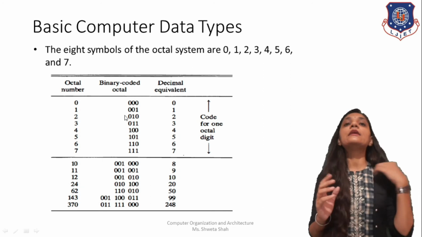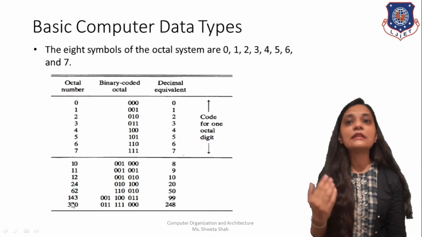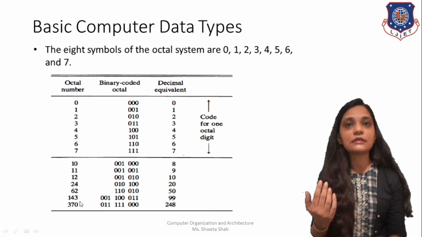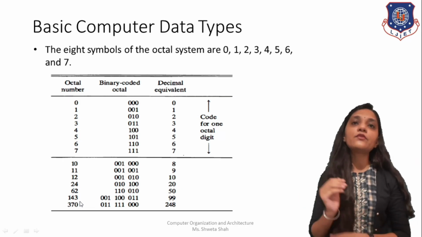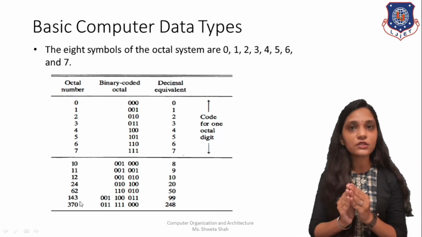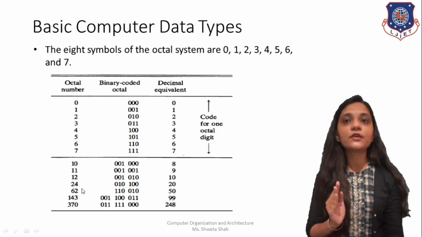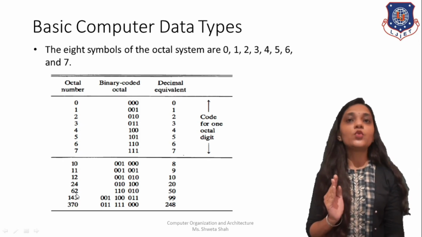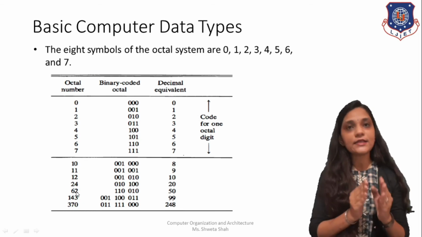Okay, and if you have a string of octal numbers like 10, 11, 12, 143, then you have to consider each octal digit as an individual octal number and convert it into binary.